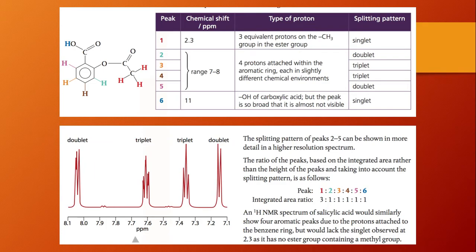So again, if we have a sample that we look at through proton NMR, we can look at the protons to figure out where they're located in a compound, how many protons we have, and then finally we look at the splitting pattern, which is based on nearby protons.